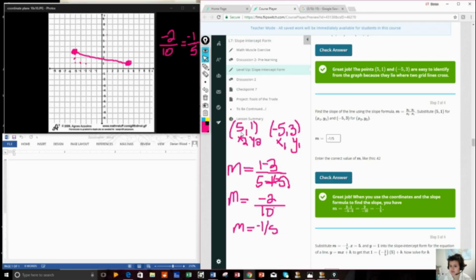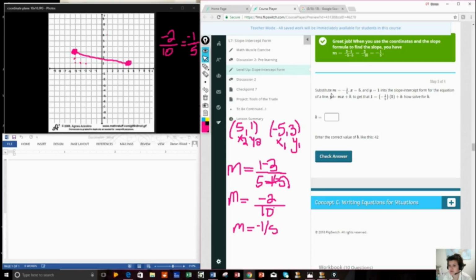So if I had made 5, 1 and I just changed this 5 to x2 and left this 1 as y1, it would be incorrect. You have to change both labels for both coordinates. But the order doesn't matter as long as you label both coordinates with the same sub-label, x2, y2, x1, y1.